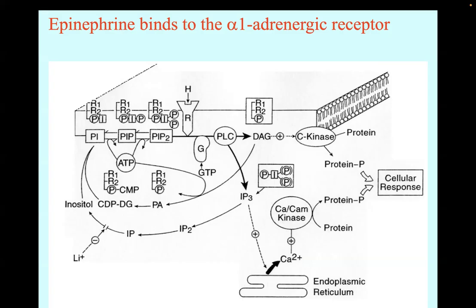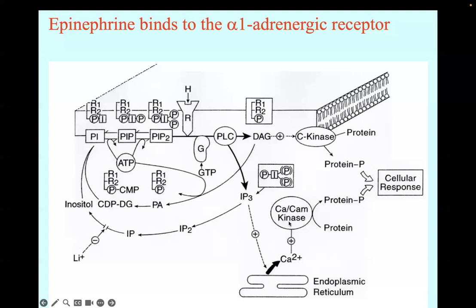The endoplasmic reticulum is the intracellular storage site for calcium. So the IP3 receptor is a channel. When it binds IP3, the channel opens, as you have seen in the examples at the very beginning of part one, and calcium comes out. Calcium then activates calcium calmodulin protein kinase.